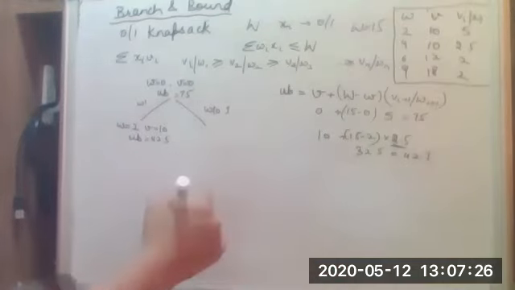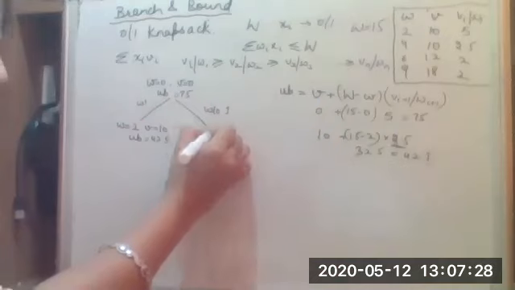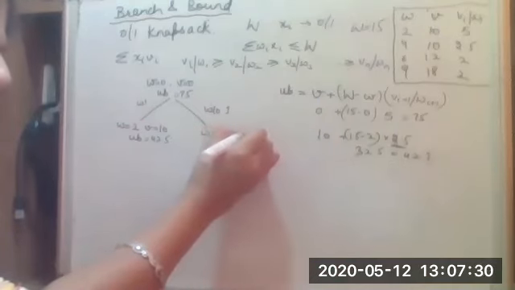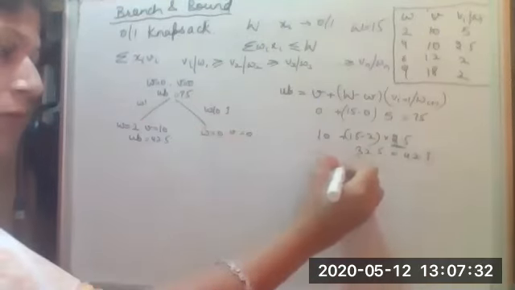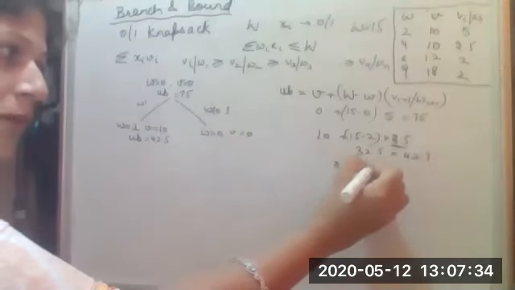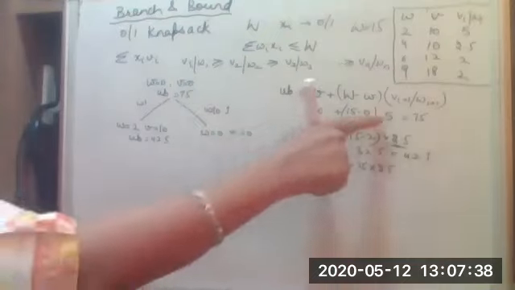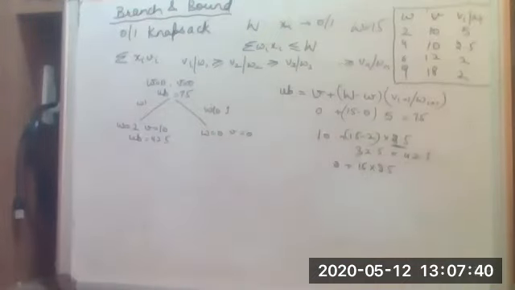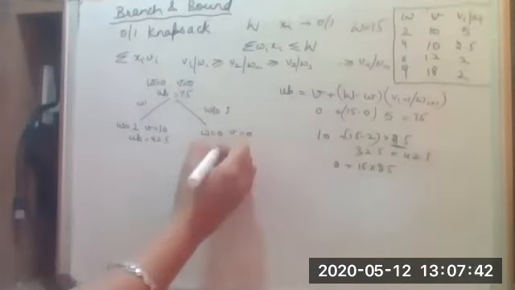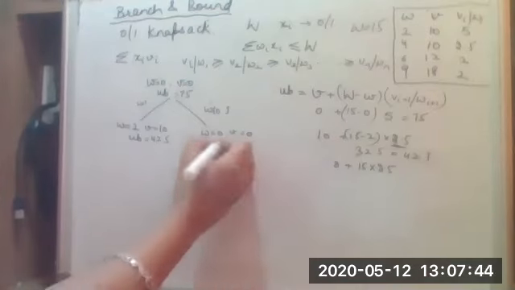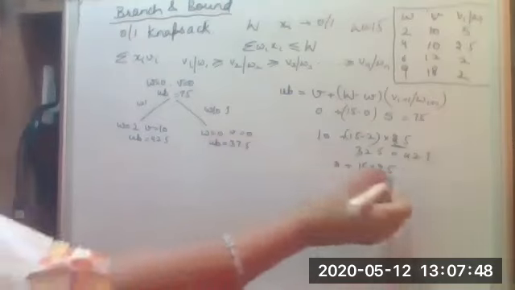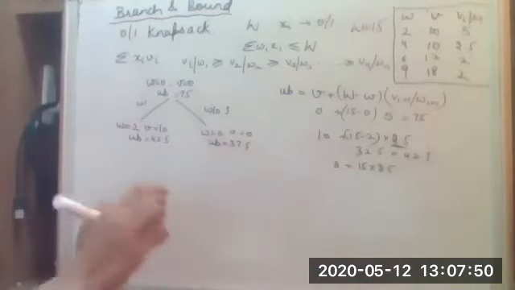Now, if we are not selecting the first element, W remains 0 and V also remains 0, and we are going to include the complete second element. Yes, because we are not taking the first element. So this value will become 37.5, since 15 into 2.5 is 37.5.